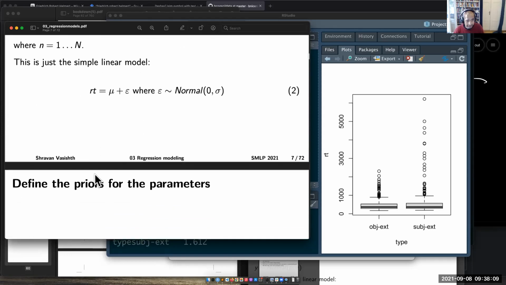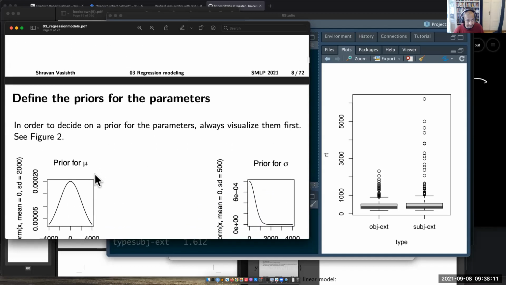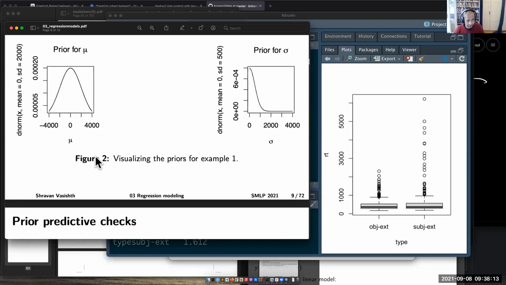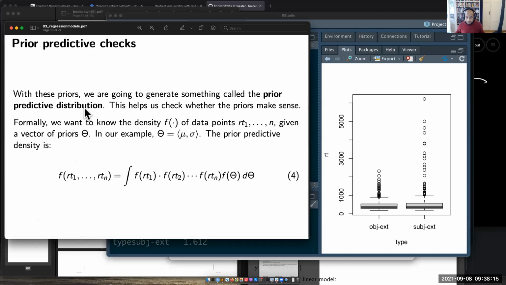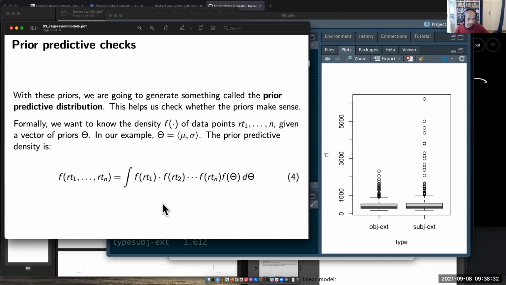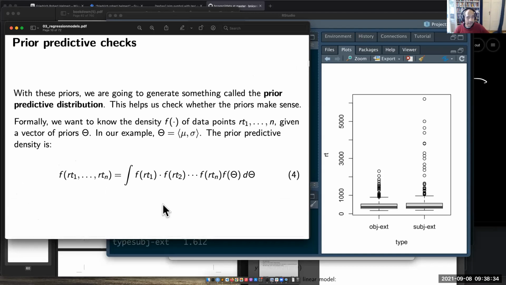And this kind of simulated data, before we've seen any real data, is called prior predictive data. The purpose of producing prior predictive data is to check whether your model will produce sensible data at all. If your model starts producing negative reading times, you already know something's wrong with your specification. Right? So that's the purpose of this prior predictive check. And so that's what we're going to do.